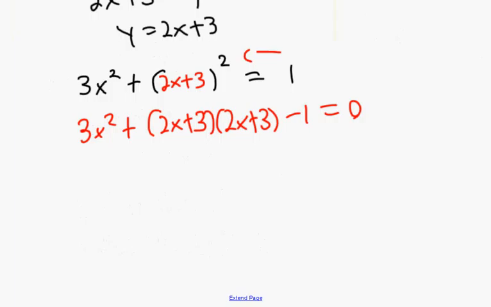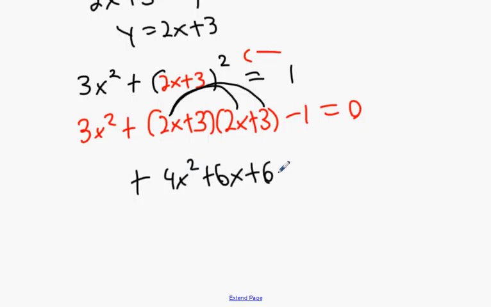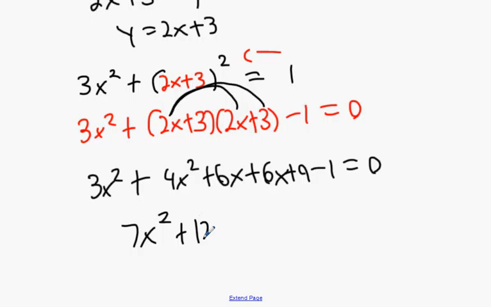Okay, what happens next? Plus 6x, yep, some of you got that there. Plus 9 minus 1, and I forgot the 3x squared at the front, didn't I? 7x squared plus 12x plus 8.